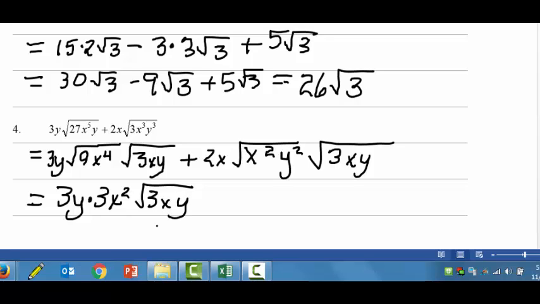We are assuming all variables are non-negative, which means we don't have to worry about absolute value. Plus 2x, the square root of x squared y squared is simply xy times the square root of 3xy.